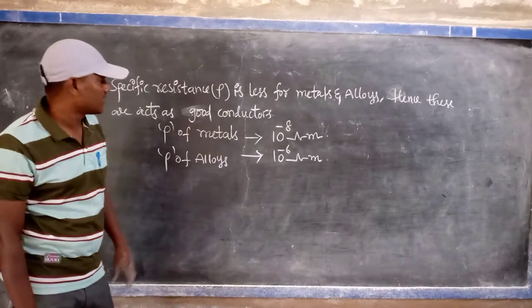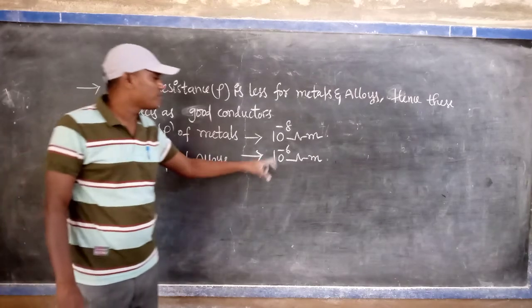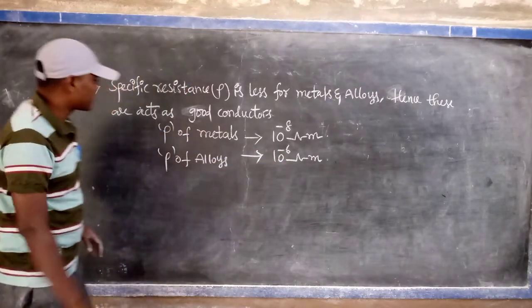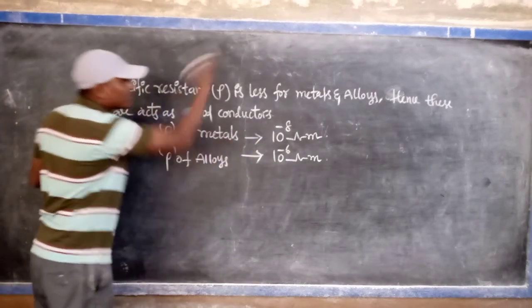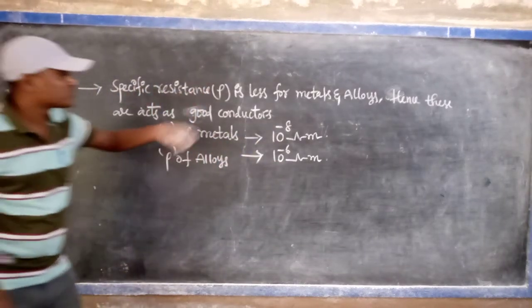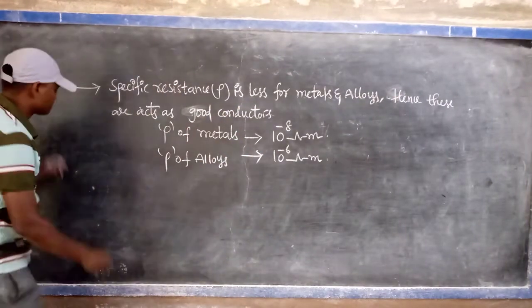It is very less. The resistivity of alloys is 10 power minus 6 ohm meter. Due to the lower resistance, they act as good conductors.